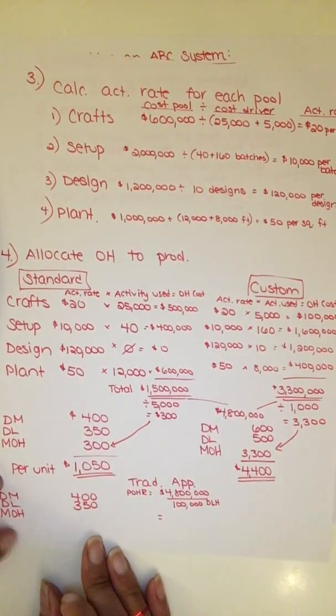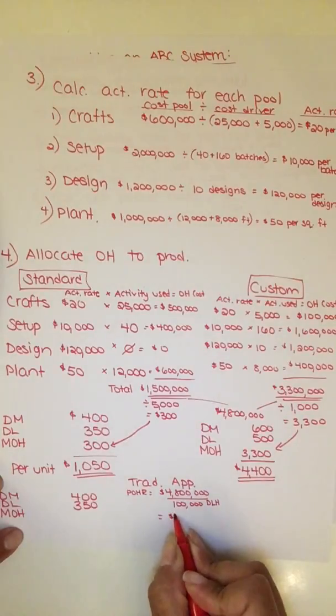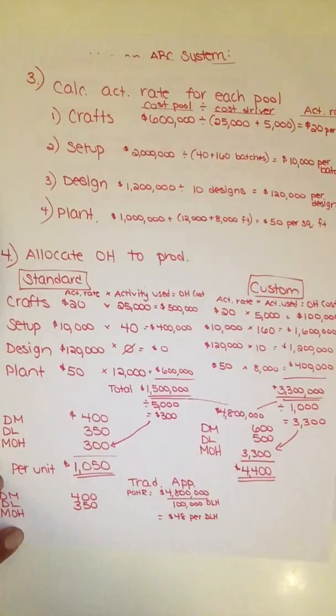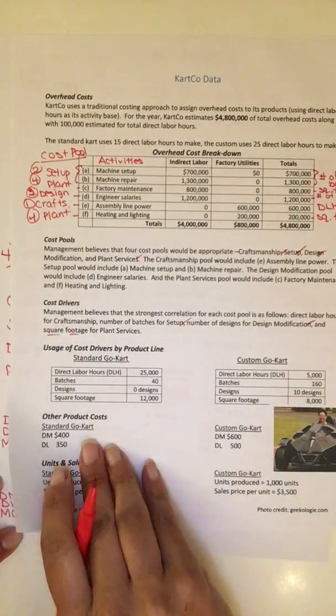That gave us a rate of $48 per direct labor hour. How many direct labor hours does it take to make a standard go-kart? According to our data, 25,000.